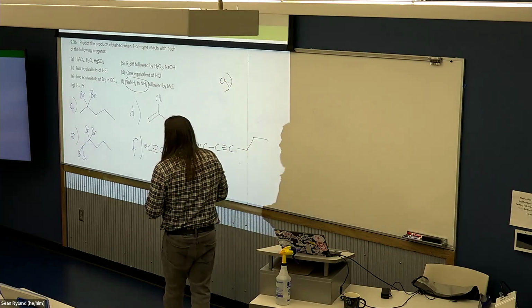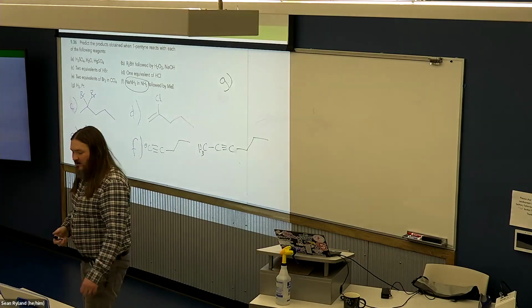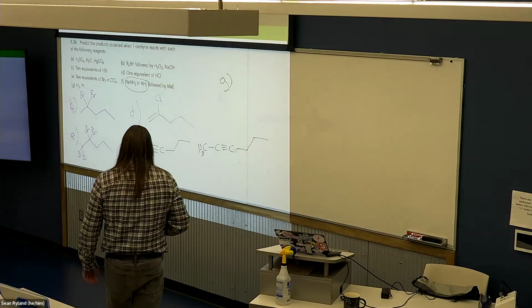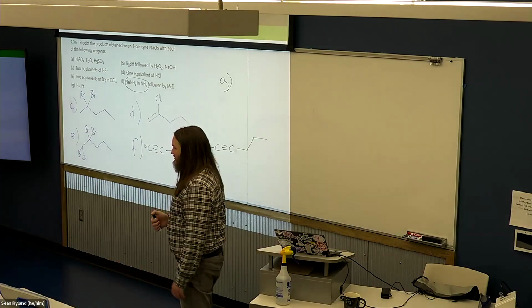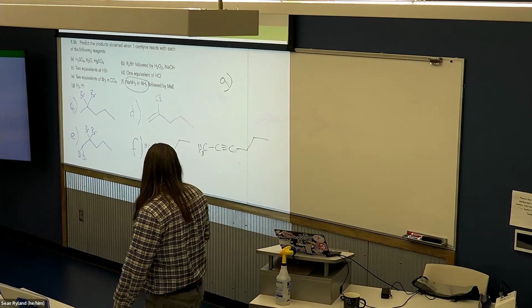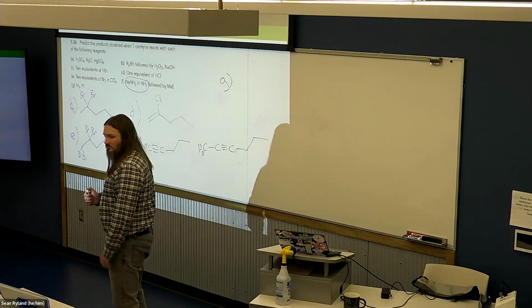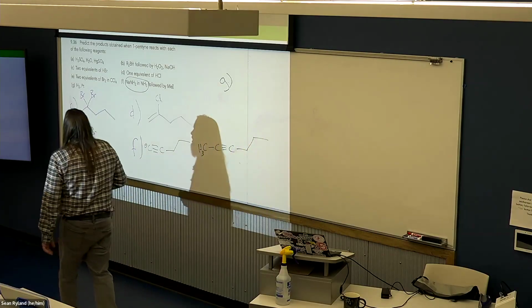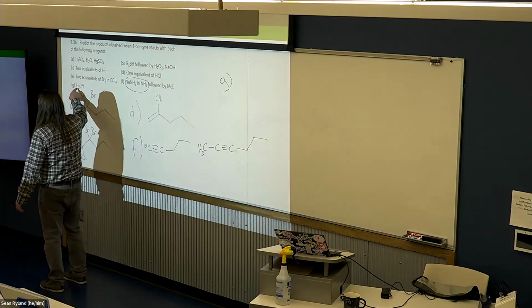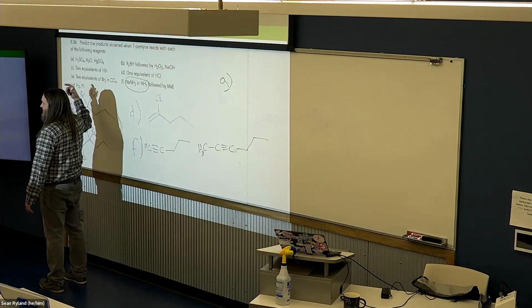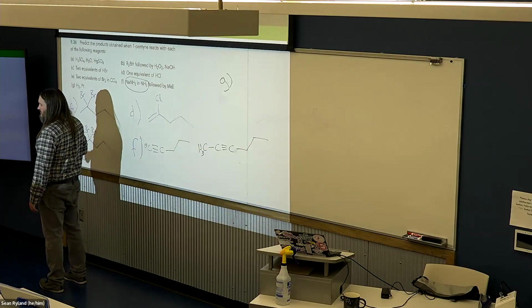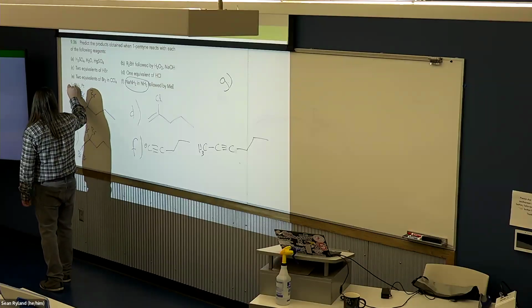I'll give you not a minute, a couple of seconds for G, so it's an easy one. And there's giving two H2. But even if you don't, you still get a 50% yield of the same product that you would have gotten, right? You told me that. But yes, we could assume.